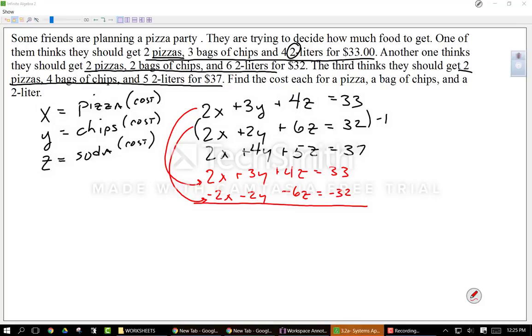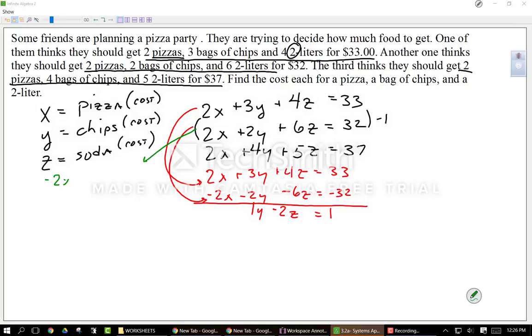Now let's add those together. So that's 1y, because 3 minus 2 is 1, minus 2z, because negative 4 minus 6, equals 1. So that's good. Now I got one equation with no x's. Well, now I need another equation with no x's. So now let's do the second one. Let's rewrite it after I multiply by -1.